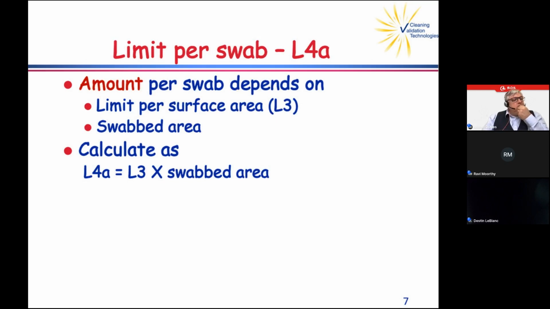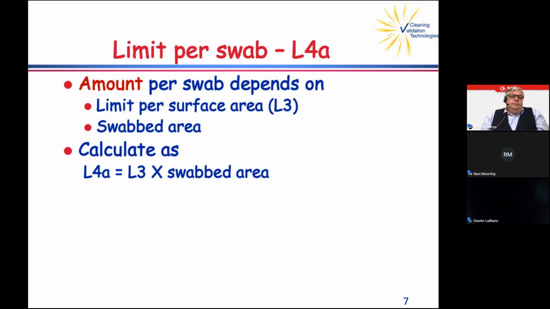Now we're getting to the very practical situation in terms of the analytical values that you would get from the swab and rinse. So these are my L4 values, and the limit per swab is L4A. So the amount per swab depends on the L3 value, the limit per surface area, times the swabbed area.